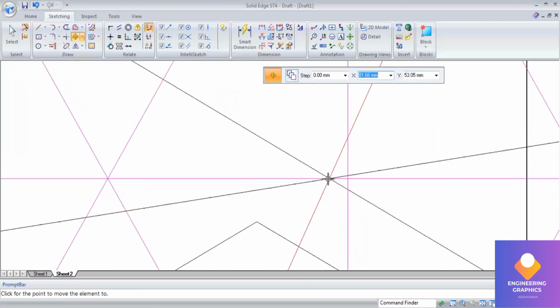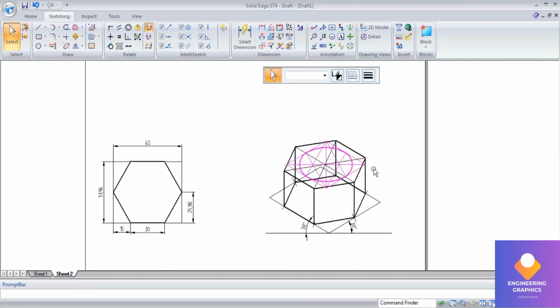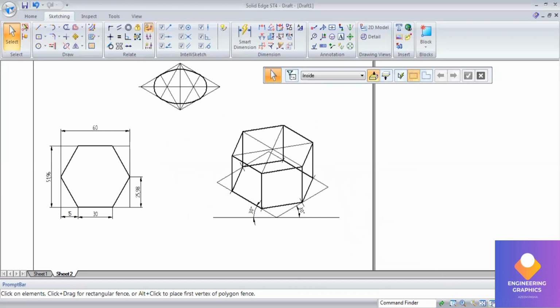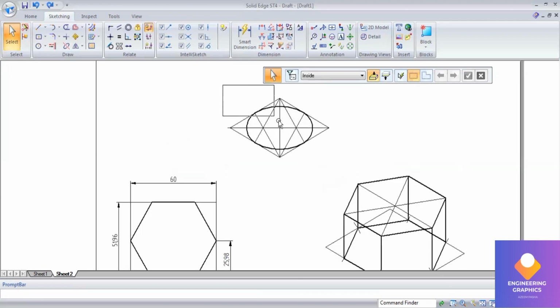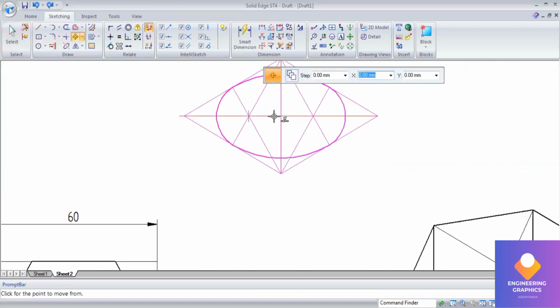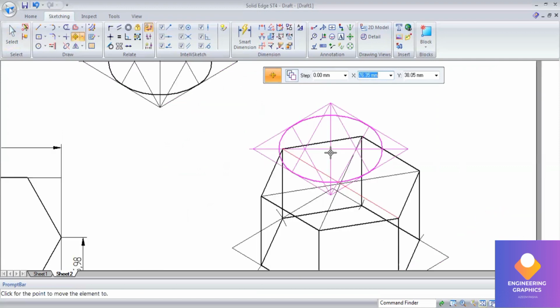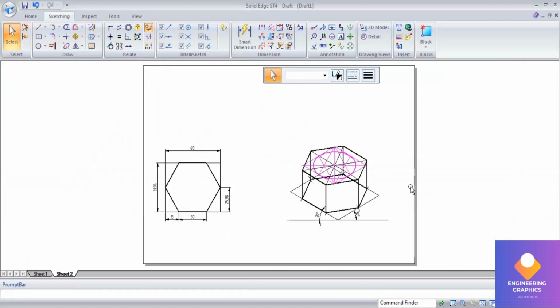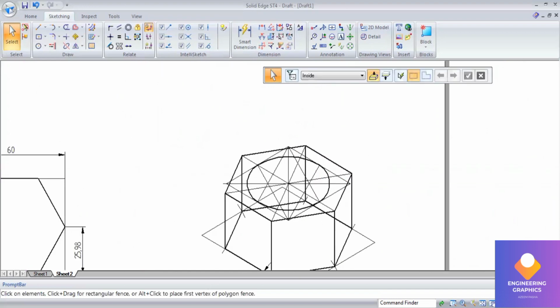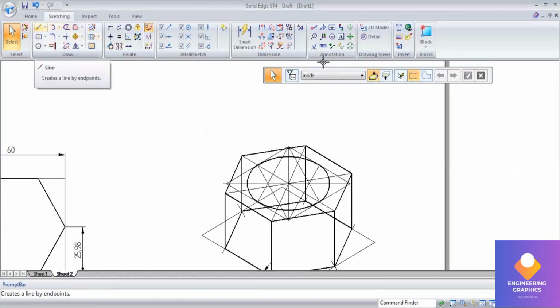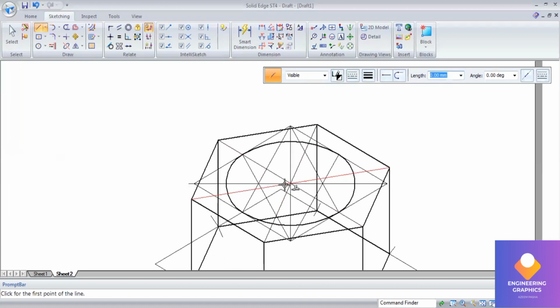Select exactly the center point so that you place it exactly at the center point. Select the ellipse here, select the center point. Place it. So we have placed it.